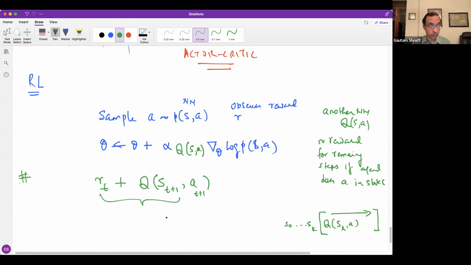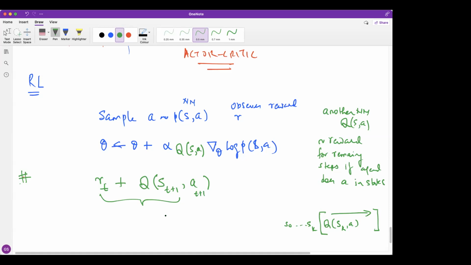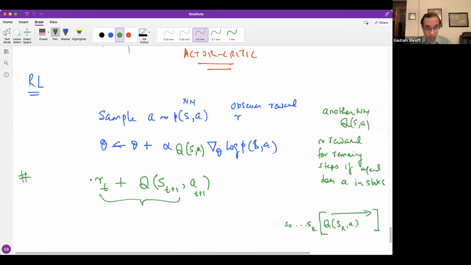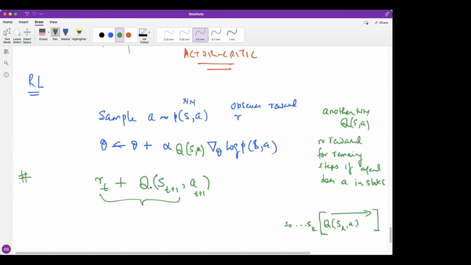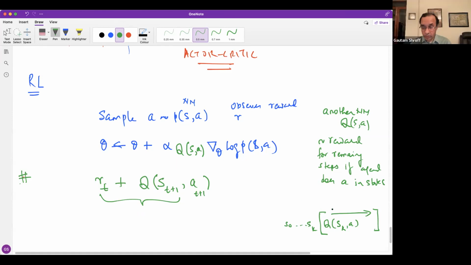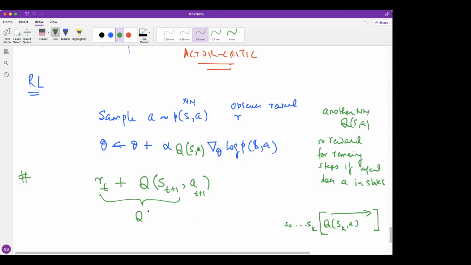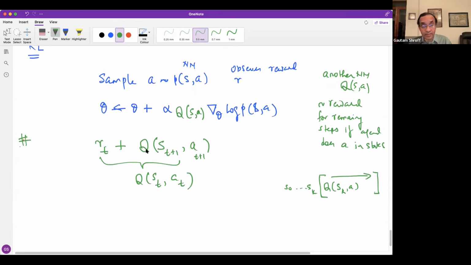What should this be? R_{t+1}? No, R_t is what you got in state t, which is what you got here. This is by definition the balance, but not balance from here, balance from the next step. So what is it, by definition? Q of s_t comma a_t. Yes. So if this is true, then this must be related to the next one in this way, because this is just whatever I would get from t plus 1 onwards plus whatever I got right now, right?